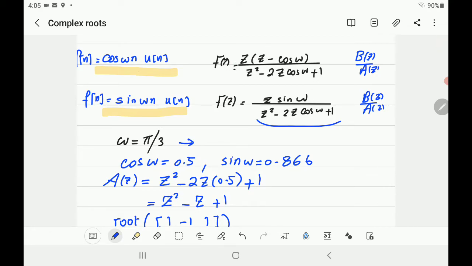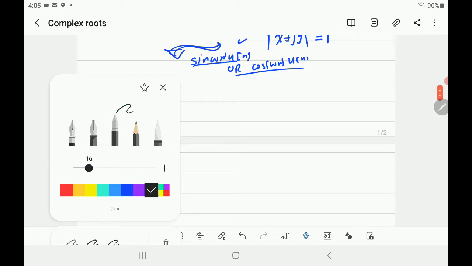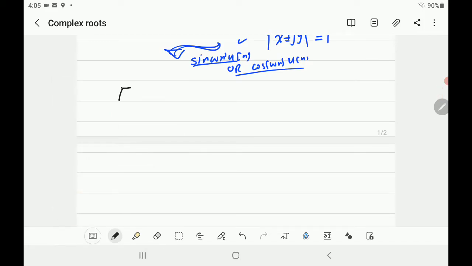F of z for the cosine is equal to z times (z minus cosine omega) over z squared minus z plus 1.